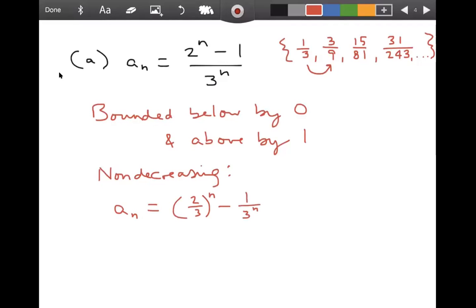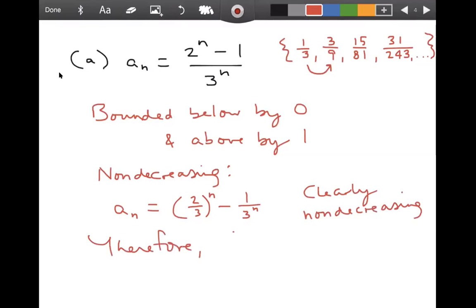So I think it's pretty clear that it is non-decreasing. Therefore, this sequence a sub n converges.